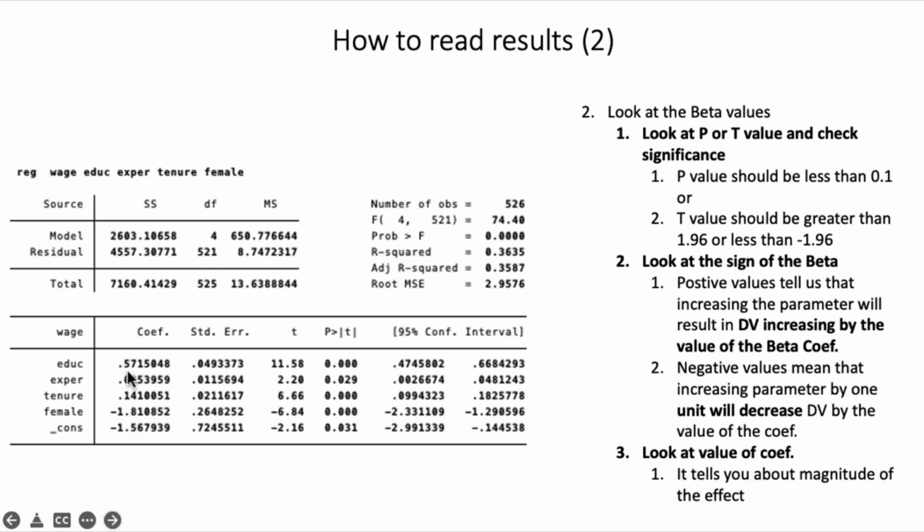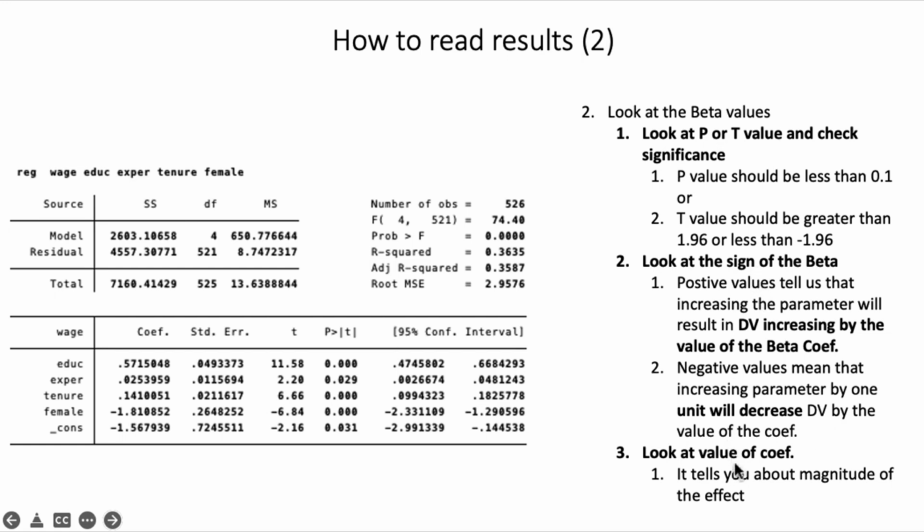A positive value tells you that increasing education will result in wages going up. If this was a minus value, increasing education would result in wages going down. So positive values tell us that increasing the parameter will result in the dependent variable increasing by the value of the beta coefficient. The negative value means that increasing the parameter by 1 unit will decrease the dependent variable by the value of the coefficient.